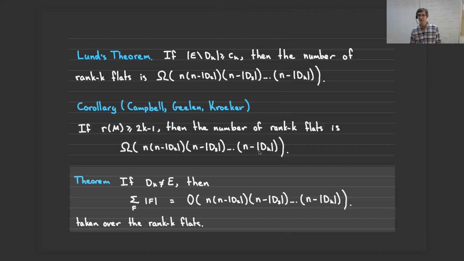We also have a theorem that tells us that as long as our matroid isn't k-degenerate, we also get a matching result on the sum of the rank k flat sizes. And this second theorem is basically an analog of what I was explaining for lines and planes. You take these tuples and you do this aggregation.